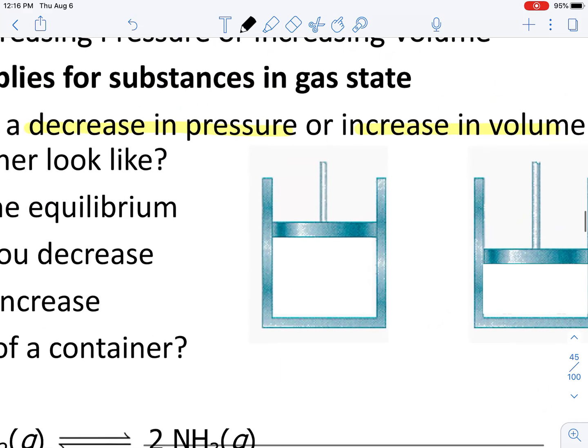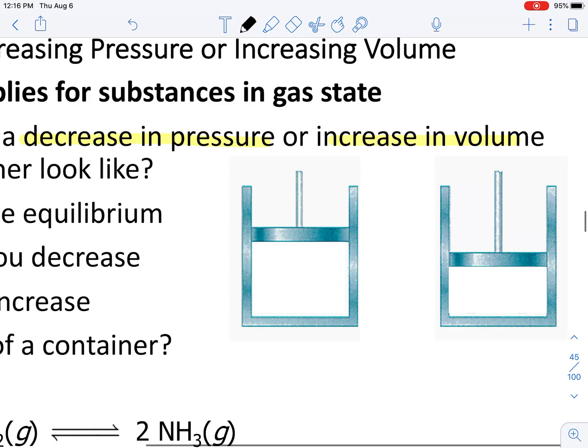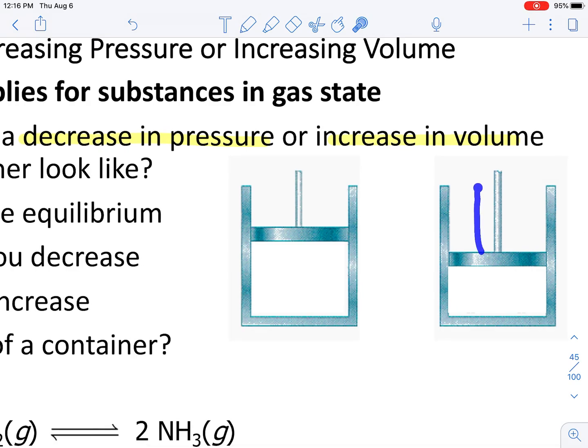So whenever we're decreasing the pressure, we want to imagine that we're taking our hand off of the piston and allowing the piston to rise. An analogy to this is like a balloon. If you take a balloon and you squeeze it, you're applying pressure on the system. But if you let go of the balloon, then you decrease that pressure.